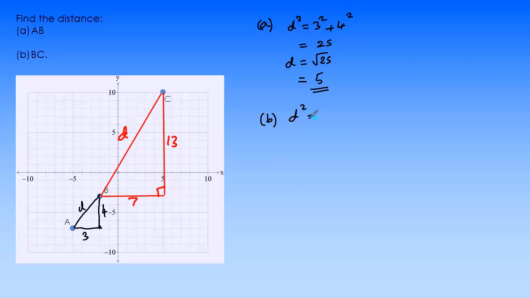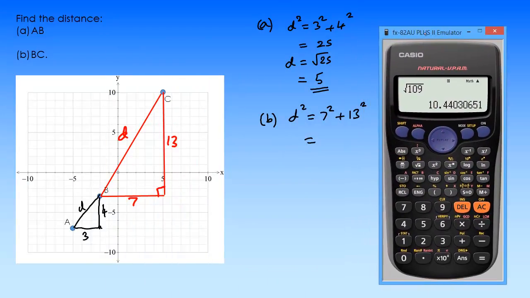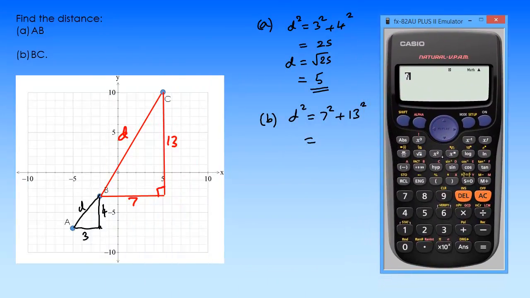So D squared is equal to 7 squared add 13 squared. And let's just calculate that. So 7 squared add 13 squared gives me 218.